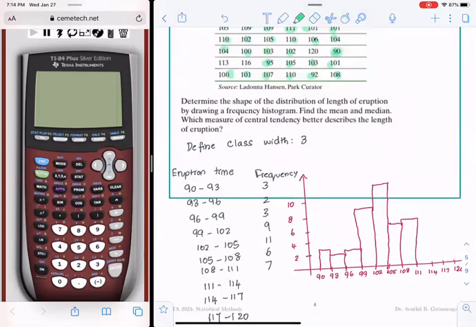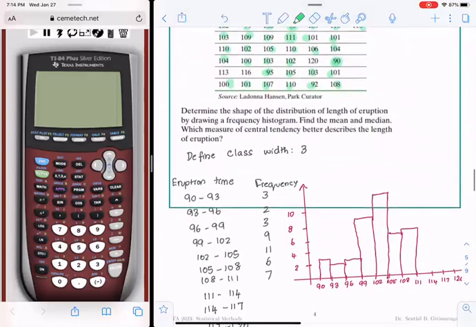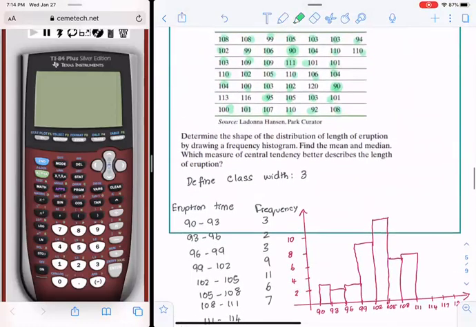So we have included 111 already, so 112, 113, 114. I have only one.